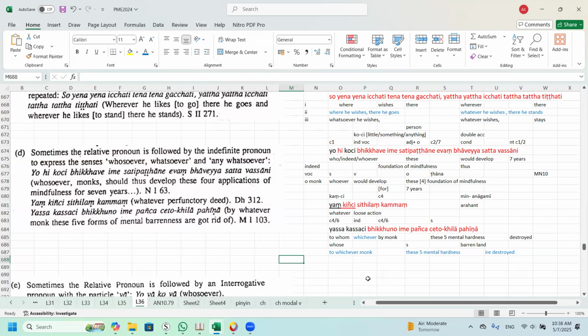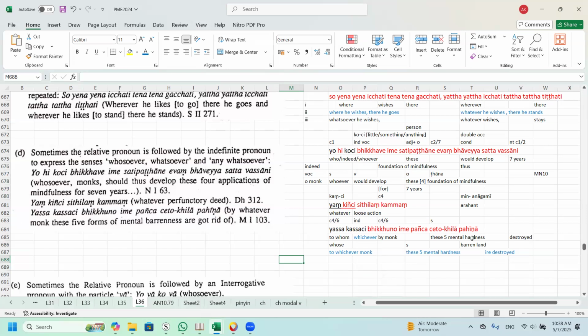All right. Okay, then this becomes. Can you see the ime? This is ime pañca. That means these five. Can you see this is long A? That means these five mental. Technically, this word is hardness.